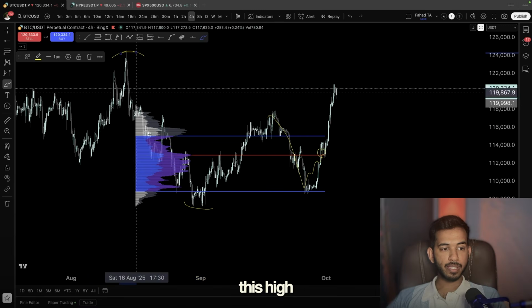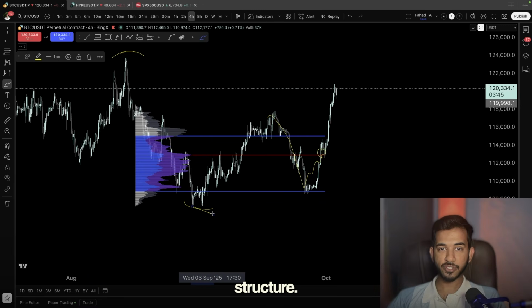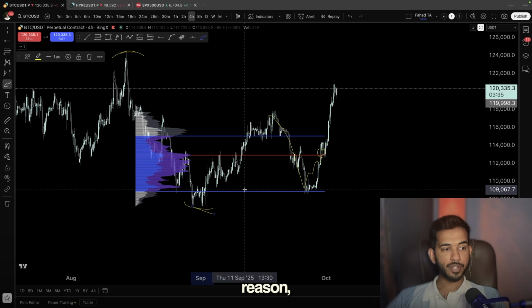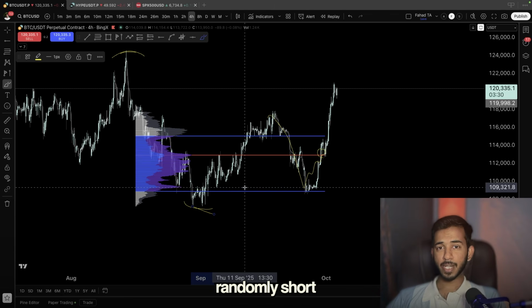Anything in between this high and low is just an internal structure. It's not a trend. It is not something extremely important that will decide the trend of the market. And for that reason, I was blindly looking at the smaller time frame and just trying to randomly short and long on these levels, assuming that they were a good support or resistance. So that was the biggest mistake that I made, just blindly trusting this level as a level of support and resistance, and that made me lose a lot of money. So that was mistake number one.